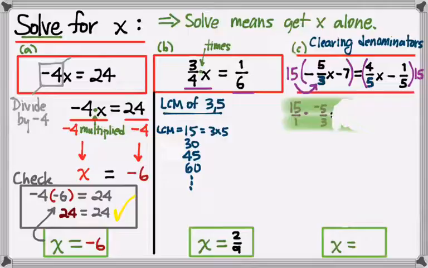Well, instead of multiplying 15 by negative 5, what I'll do is flip-flop the 15 and the negative 5 first. So I'm going to just trade places with those two and bring the negative 5 over to the left and the 15 over to the right.